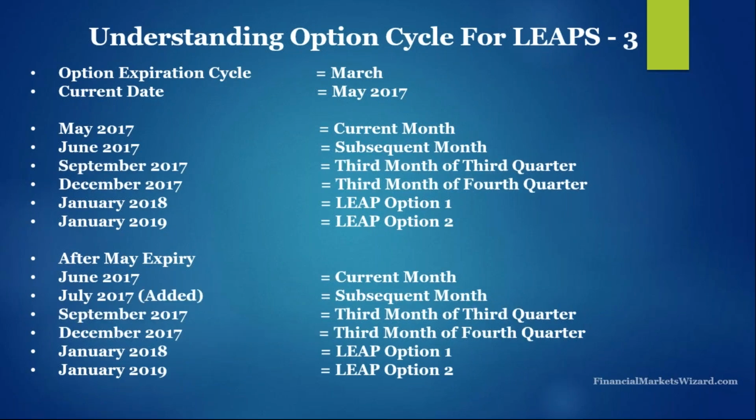Okay, so in this example, the option expiration cycle is March. So this stock has option expiration cycle in March, and let's say the current date is May. So if the current date is May, then the current month is May, and the subsequent month, we know, is June. So May and June are listed there, right? It's always like that.